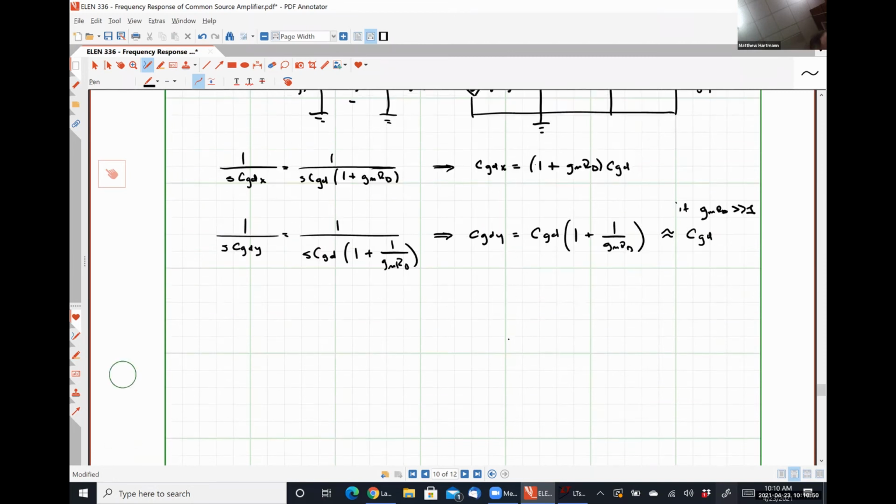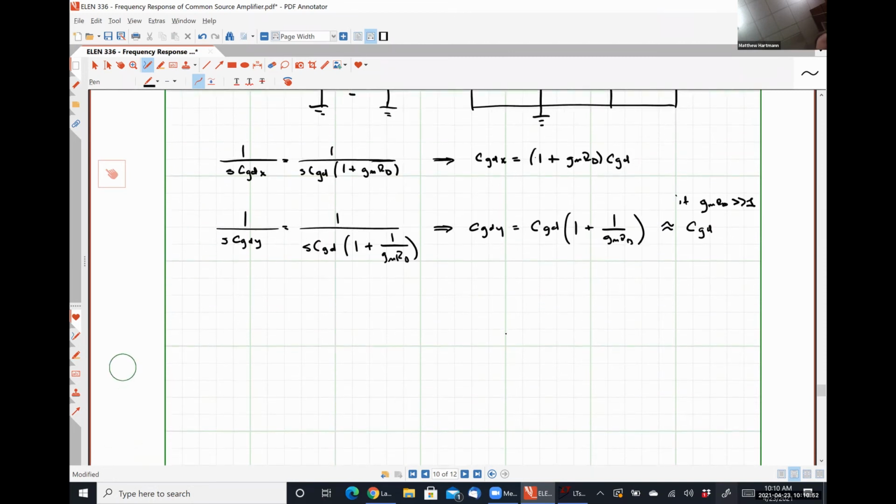So just for completion's sake, let's say that VGS is, let me give myself more room here, actually. Using voltage division, VGS is VThev.